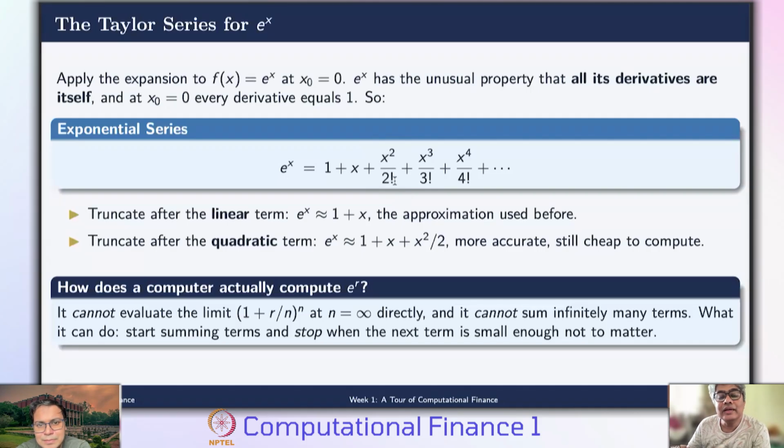If I multiply it by x by 3, I will get x cube by 3 factorial. Similarly, if I have already calculated x cube by 3 factorial, and I multiply by x by 4, I will get x to the power 4 by 4 factorial. So this interesting pattern I'm going to use in my favor.